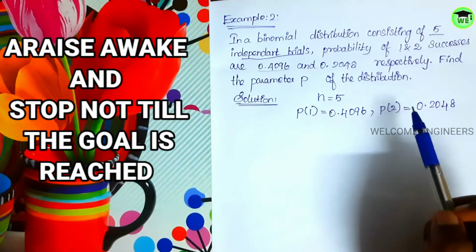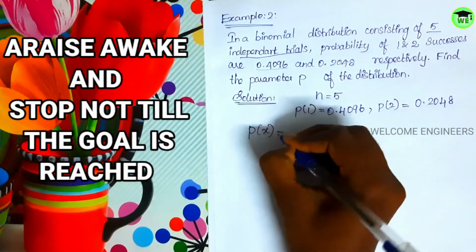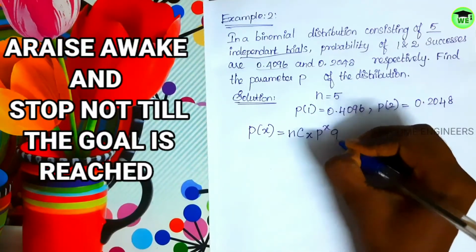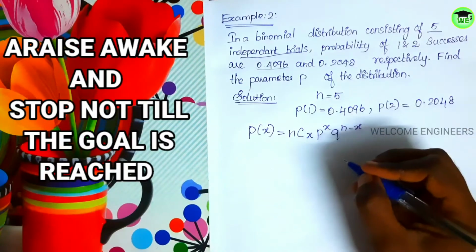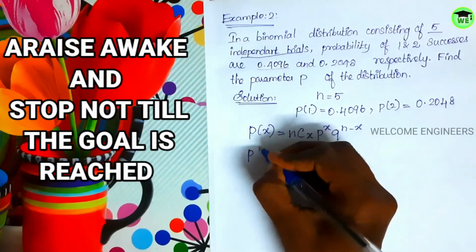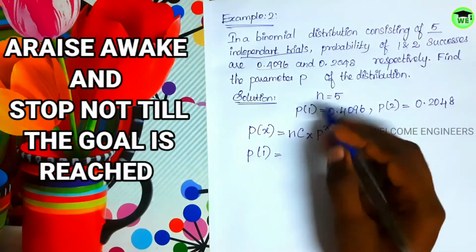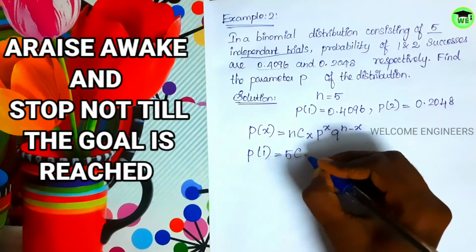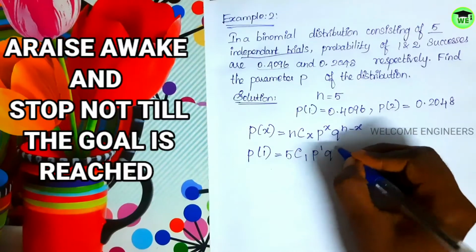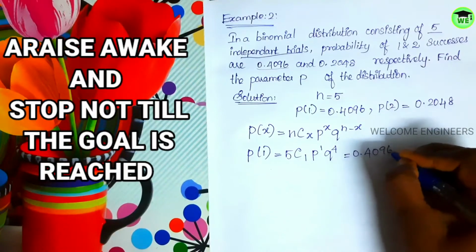For that we have to apply the formula, P of x is equal to nCx p^x q^(n-x). Substitute 1 in the place of x. For P of 1, the n value is 5, so 5C1 p^1 q^(n-1), meaning q^4, is equal to 0.4096.